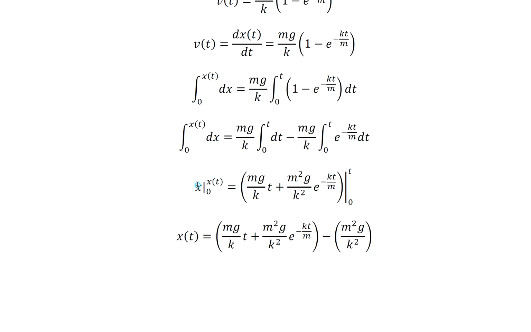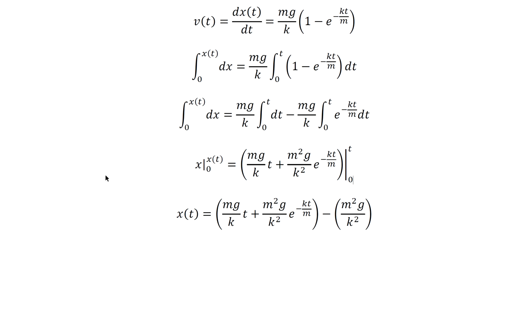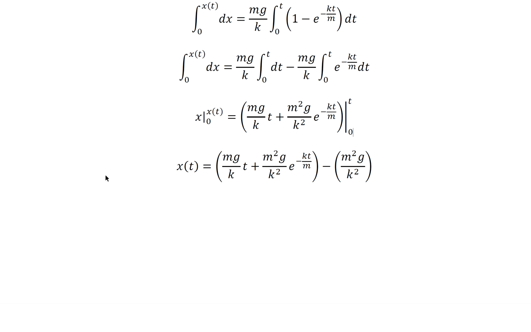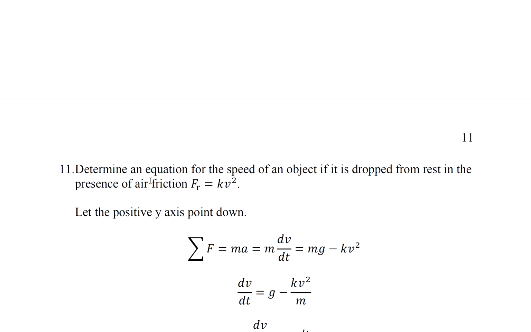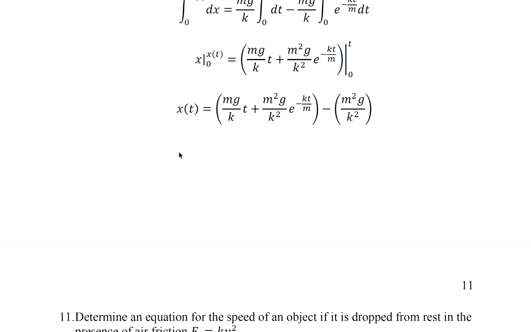Then I'm going to integrate the left side and the right side, and then plug in the values. You could see that e to the 0 is equal to 1. That's why we get this. Okay. So we could see as t goes to infinity, the displacement goes to infinity. That makes sense.